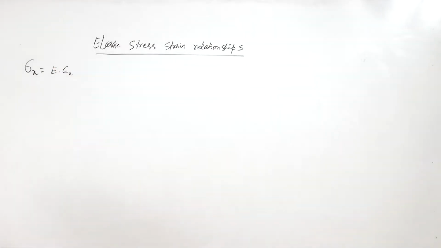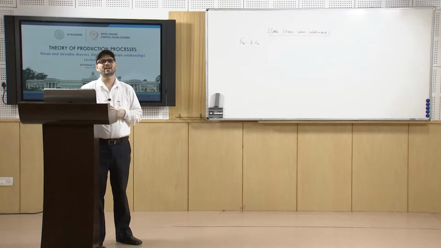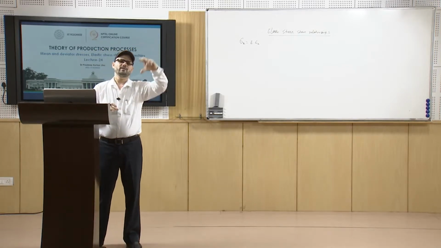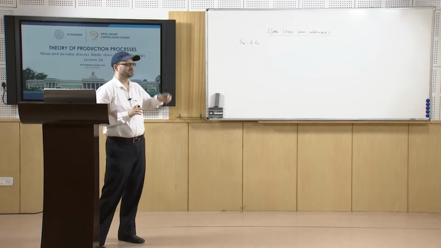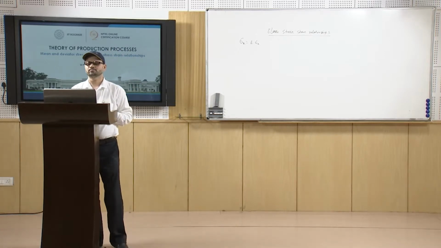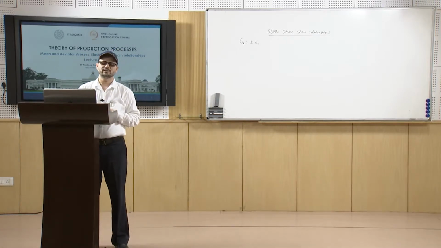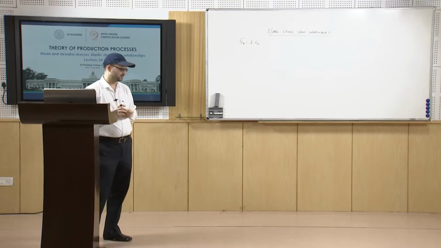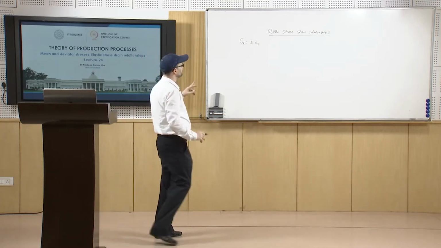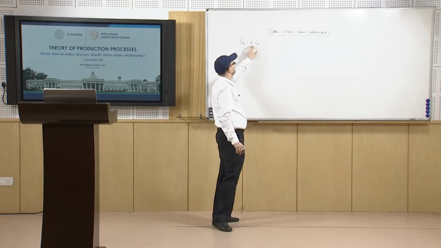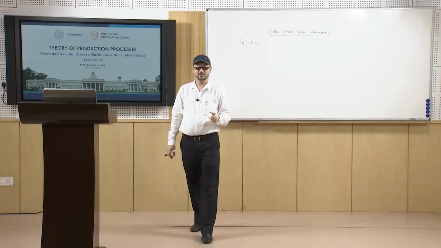In the case of the tensile stress strain diagram, the slope is known as this E, that is your elastic modulus, in tension or compression. This is a constant which is the property of a material.